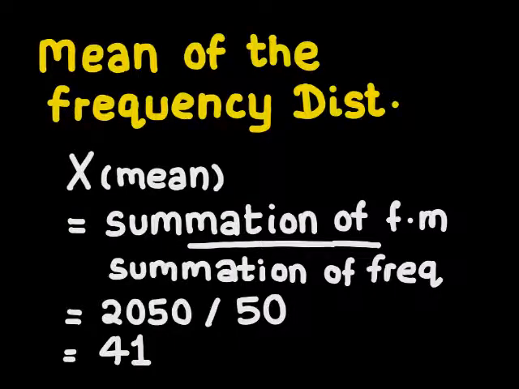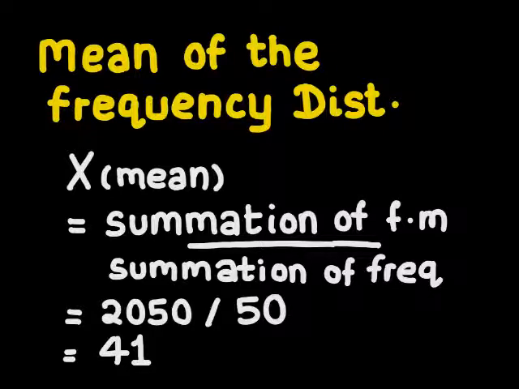Now let us calculate the mean of the distribution. The mean of x is the summation of f, that is frequency, multiplied by the mid value, divided by the summation of frequency.